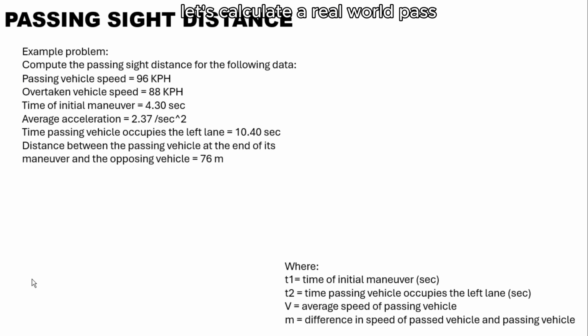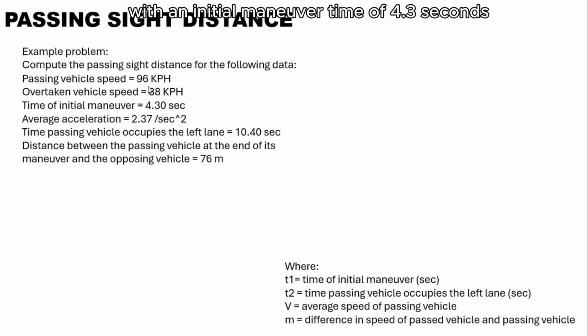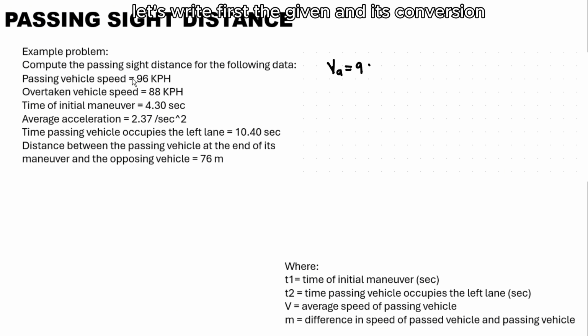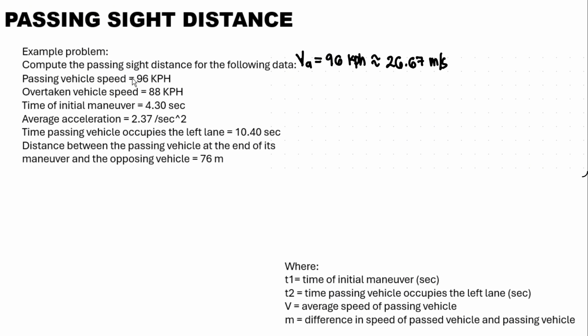Let's calculate a real-world pass. Our passing vehicle is doing 96 kph with an initial maneuver time of 4.3 seconds. Let's first write the given values and their conversions.